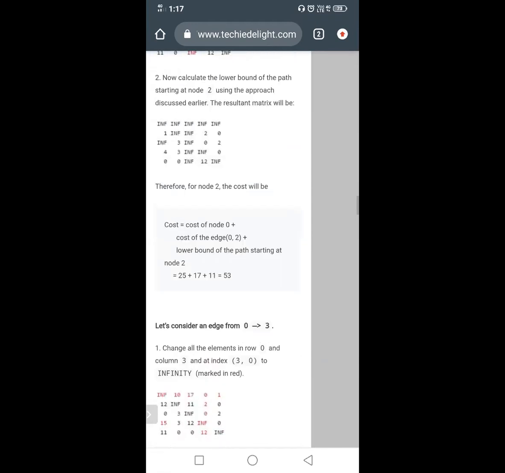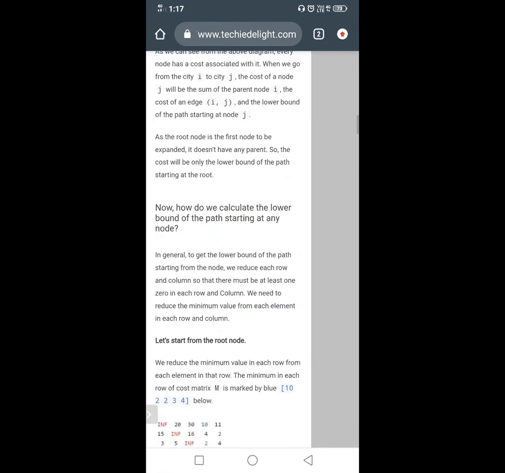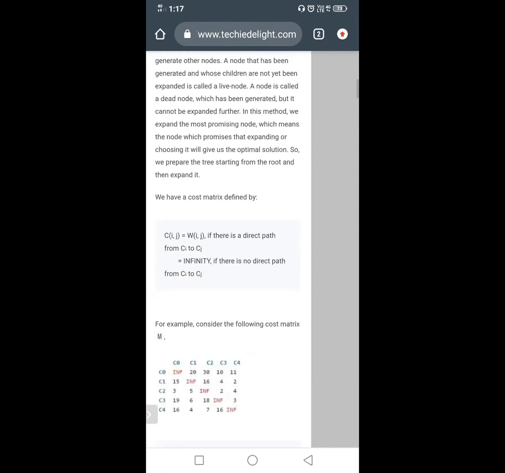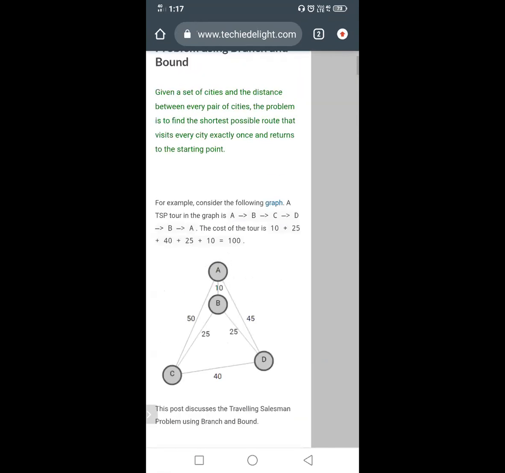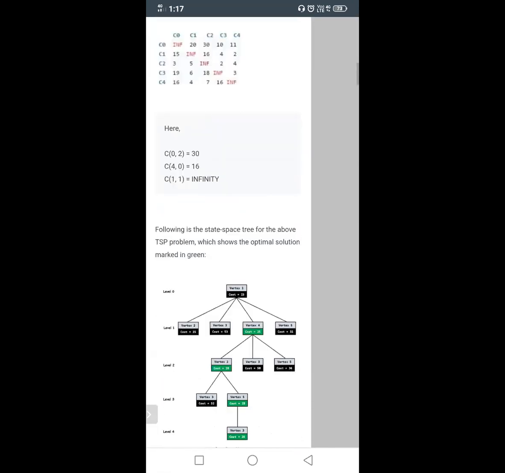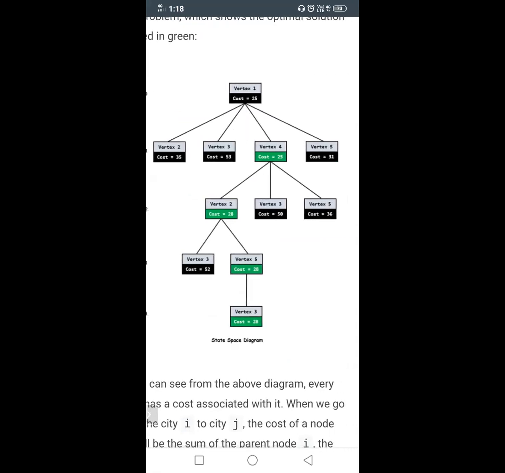Just choose the next vertex, then find the cost of that vertex. Then here the cost is 25.